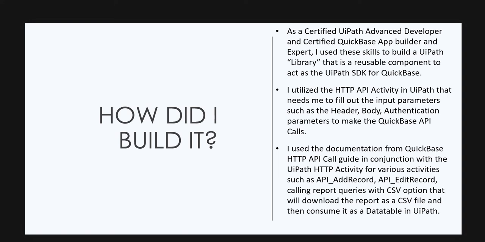I used the HTTP API activities in UiPath, which need me to fill in the input parameters for any HTTP activity such as the header, the endpoint URL, the body, and the authentication information, to make these calls. I also used the documentation available on the QuickBase HTTP API, and I used these activities such as API add record, edit record, and other such calls to make all these SDK activities possible.